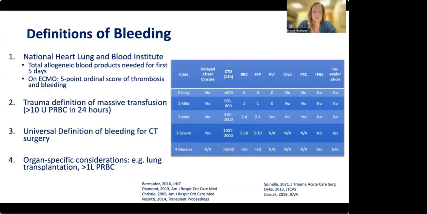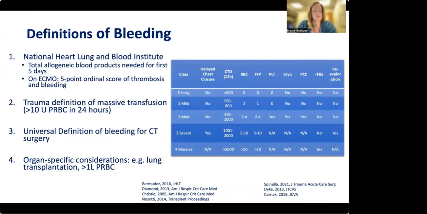The nice part about this definition is that it is a composite, so it does include other factors that imply bleeding, like delayed chest closure, re-exploration, chest tube output, and factor use, as well as your blood product usage. Therefore, I think it's a pretty comprehensive look at the way patients bleed, in particular in lung transplantation. Remember here, we're not really measuring EBL because often we're using cell salvage. So this is a pretty ideal way to quantify bleeding.